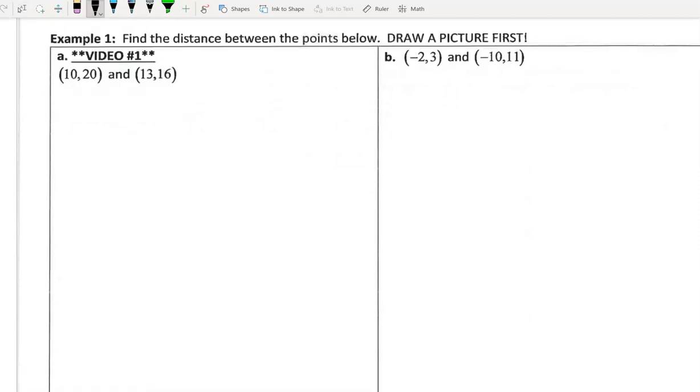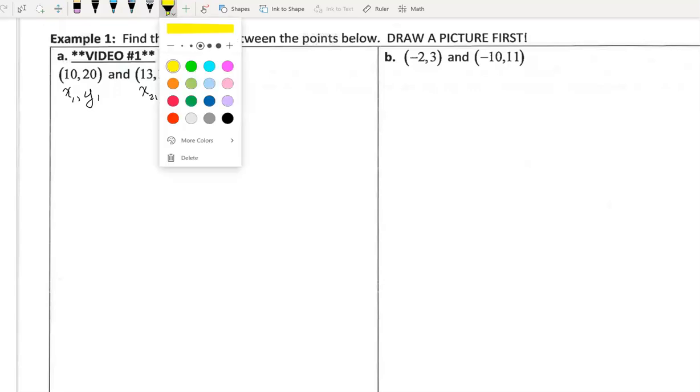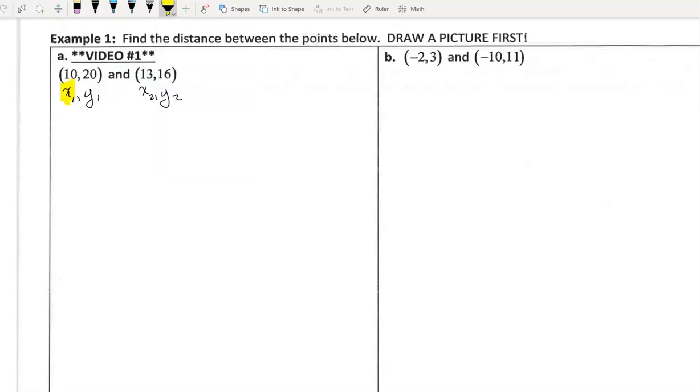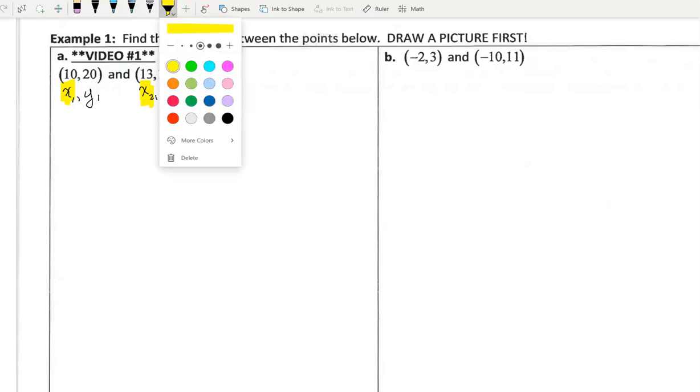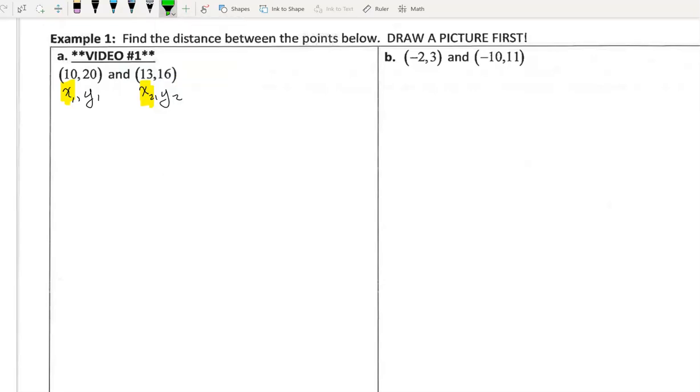And I like to label these. This is going to be my x1, comma, y1, and this is going to be my x2, comma, y2. And for my distance formula, I just need to subtract the x values and subtract the y values, and then I'll apply that to our distance formula, or Pythagorean theorem if you prefer.